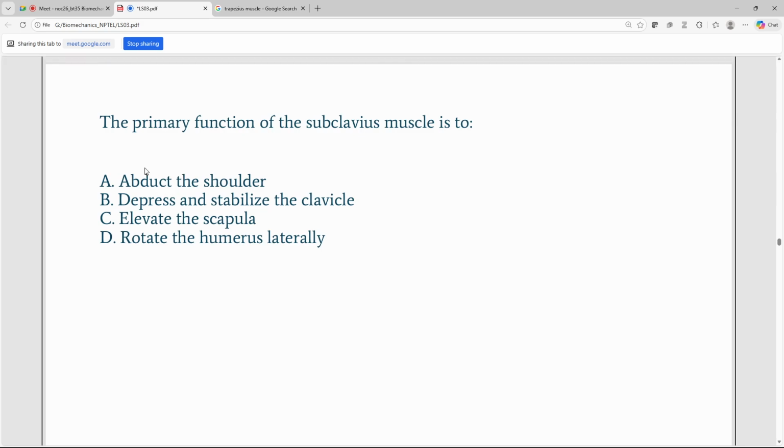Yes, the answer is depress and stabilize the clavicle.